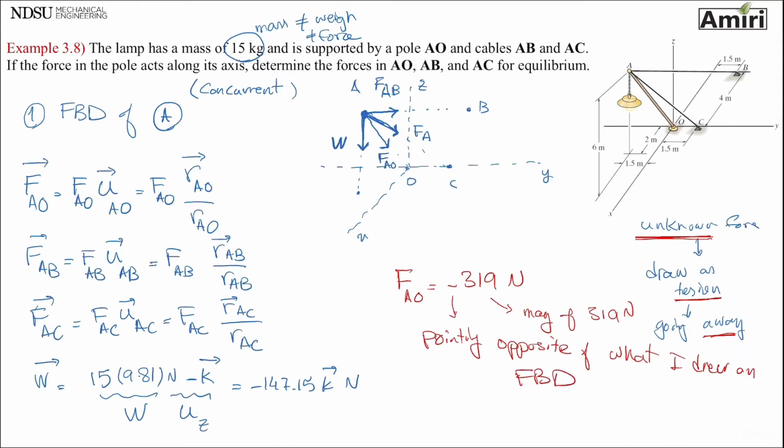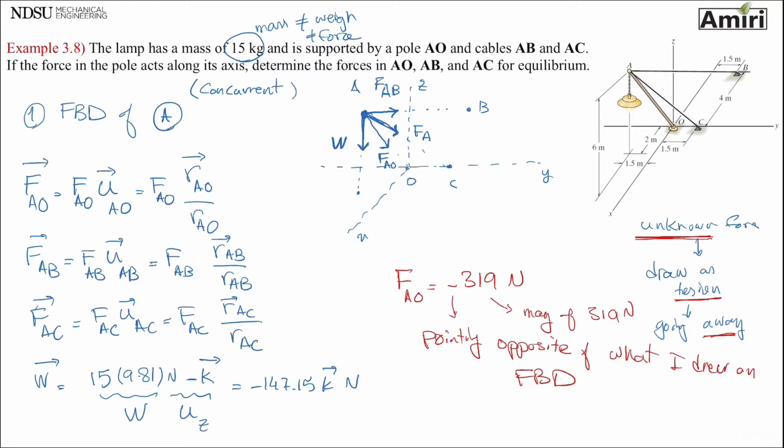So I should have put it the other way. You don't have to go back and correct your free body diagram. Your free body diagram is 100% correct. There is nothing wrong with it. I'm just explaining what this means when you get a negative magnitude.